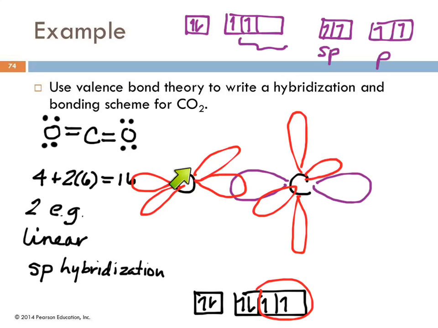So this orbital on oxygen could overlap with this guy, right? You see that? Side to side overlap. That's a pi bond. Now that oxygen has 2 bonds. 1 pi bond, 1 sigma bond.